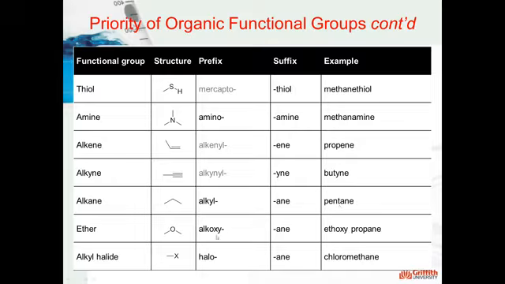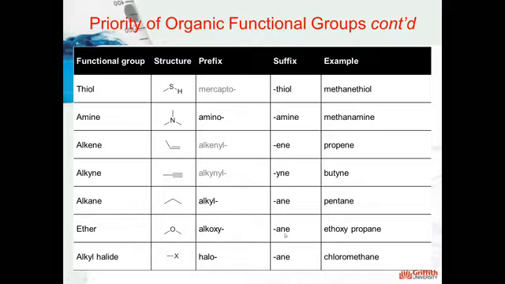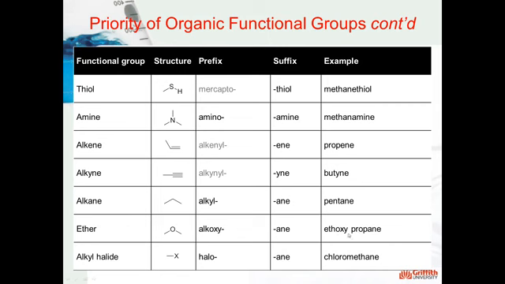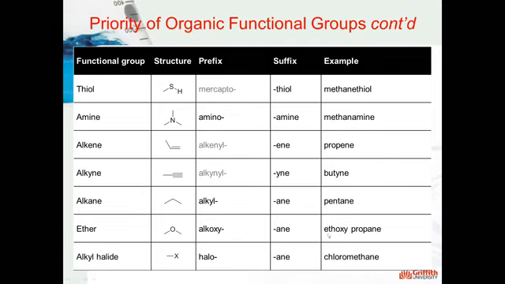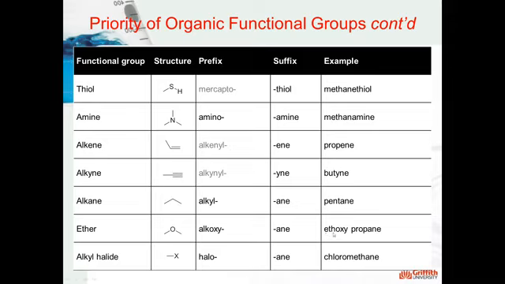And then ethers are alkoxy groups, so methoxy, ethoxy, etc. So ethoxypropane would be an ether, so has 3 carbons in the longest part of the chain, and then ethoxy would be a CH3CH2O group.